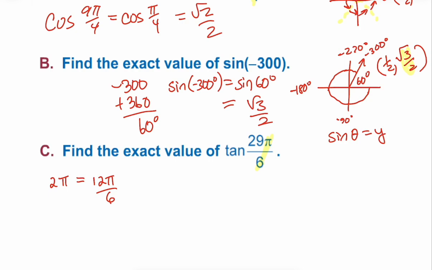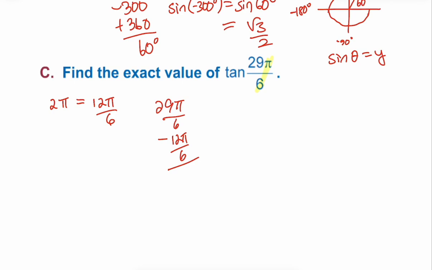So if we think about 29 pi over 6, if we take off 12, a loop around, that gives us 17 pi over 6. So I still can take off a loop around.